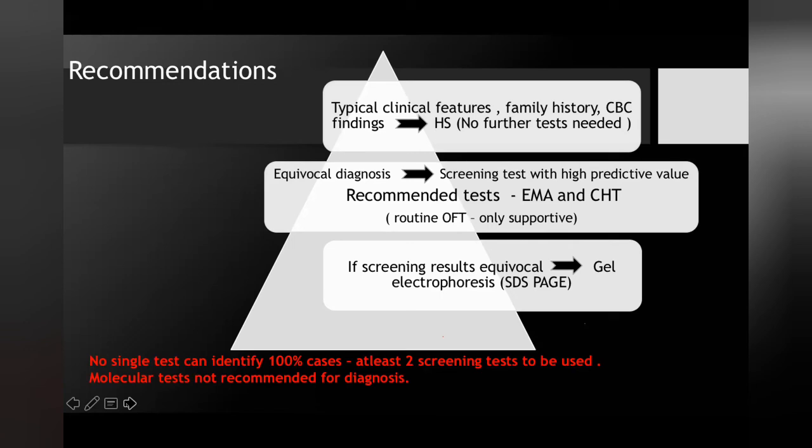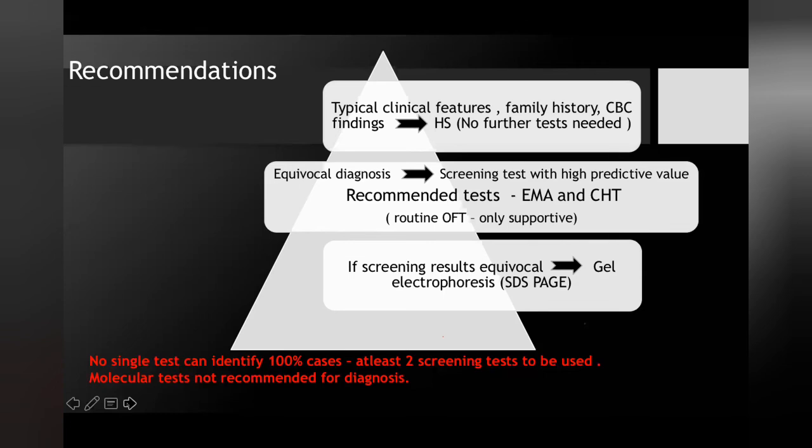However, if the case is not so straightforward, then you need to go for a screening test, which has a high predictive value. Now for that, only 2 screening tests have been recommended: the EMA dye binding test or the cryohemolysis test. Please note that routine OFT is not recommended for use as a routine screening test; the results of routine OFT are only supportive.